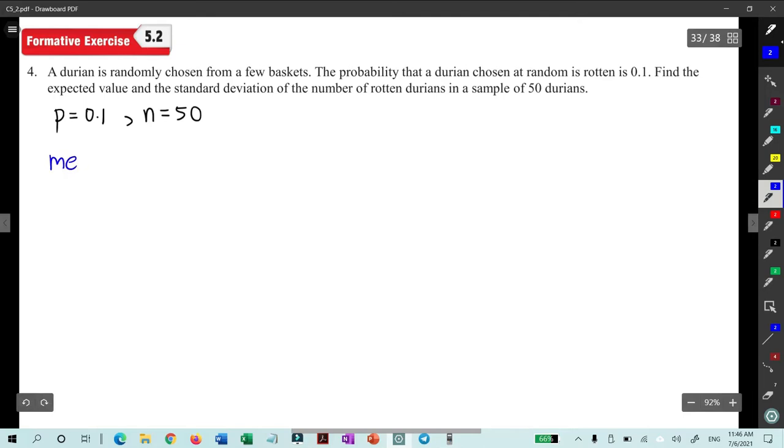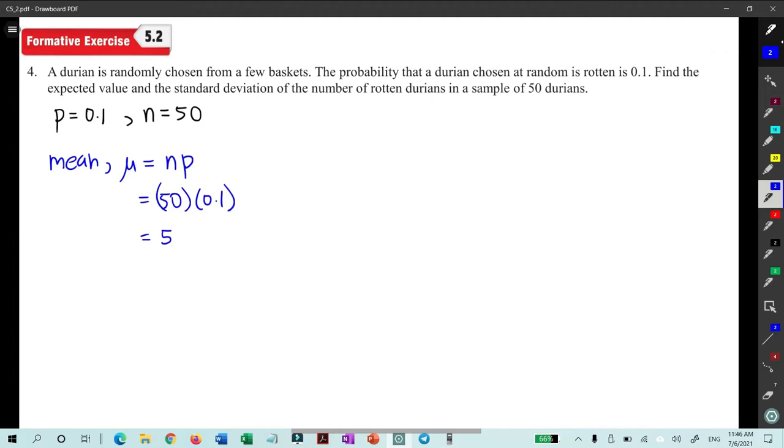The mean, which is mu, can be calculated by taking n and multiplying with the value of p. So 50 times 0.1, the answer is 5. Okay, next, standard deviation.